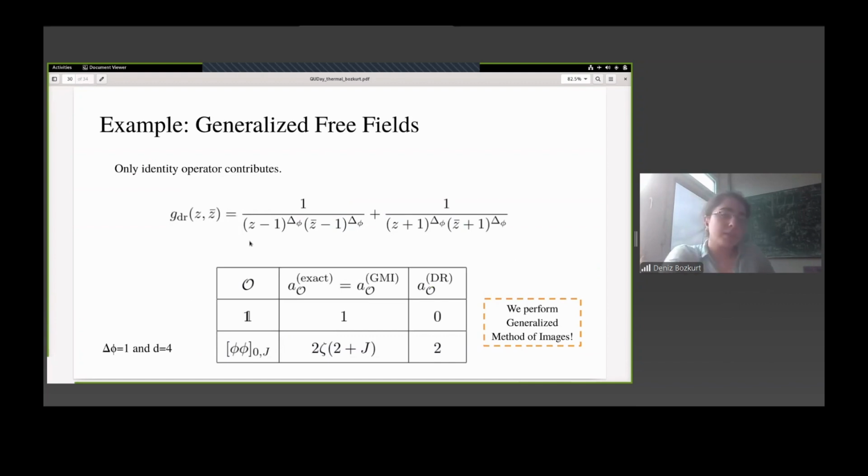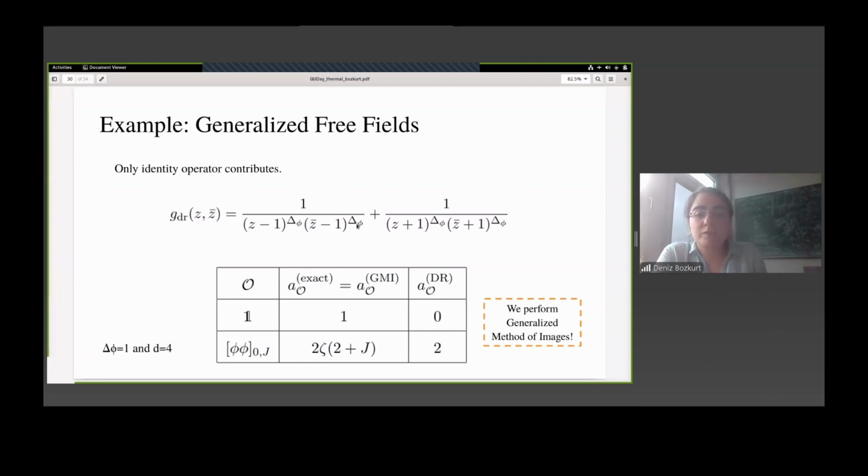Okay, so then I will apply this formula to, again, the examples that we considered before. So in the GFF example, once we compute the dispersion relation, again, there's only the identity that is contributing, and it has a very simple form that you can see here.